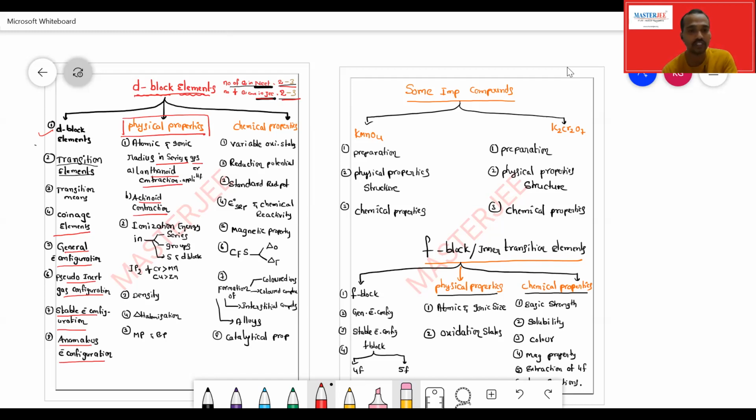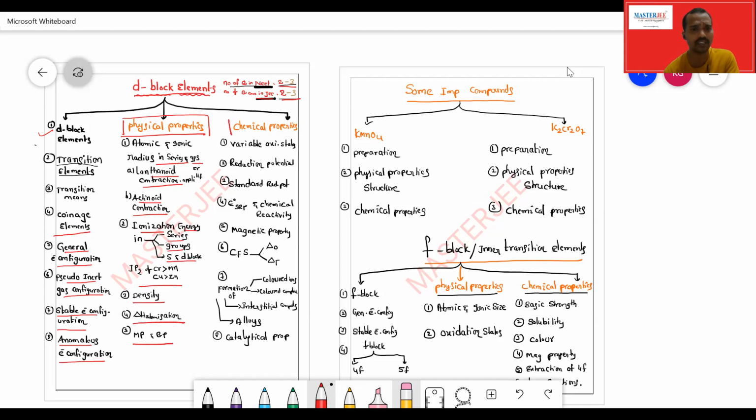Next, ionization energy in series, in groups, and comparison between S and D block. Next, how the second ionization potential varies in the case of chromium, manganese, copper and zinc. Next, what are the densities? What is enthalpy of atomization? Next, what are melting points and boiling points?